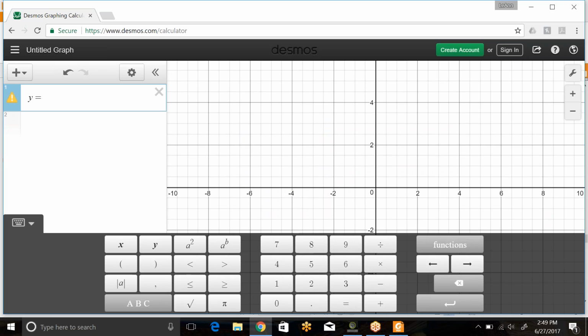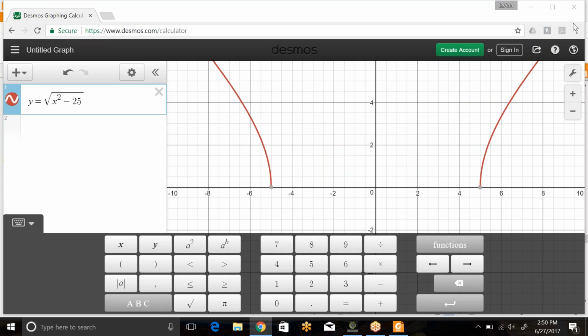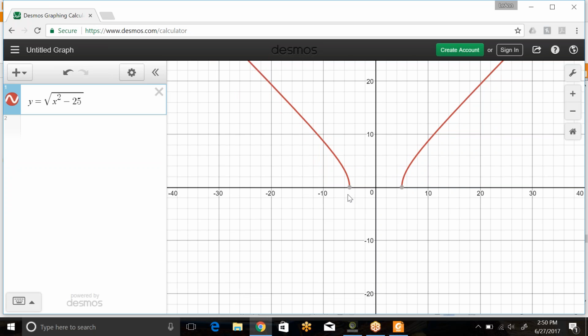So it's y equals the square root of x squared minus 25. If you notice on my picture here, and I'll zoom out a little bit, there's no graph between -5 and 5. All of the graph is on the outsides, which makes sense with our domain. So the graph is completely undefined in that middle section.